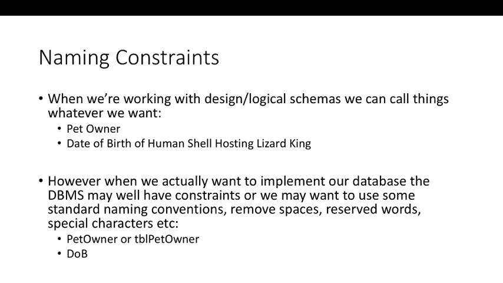Up until this point, we've been really lucky because we have only been working in our minds. And our minds are wonderful places where we can call things fluffy, fluffy, foo-foo, cloud, exclamation mark, or whatever it is that we want. Once we start going to the physical, there are restrictions in how we name things. A lot of database engines won't allow you to have spaces in names.